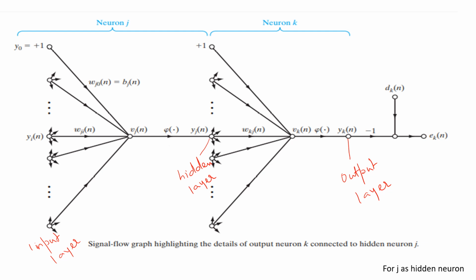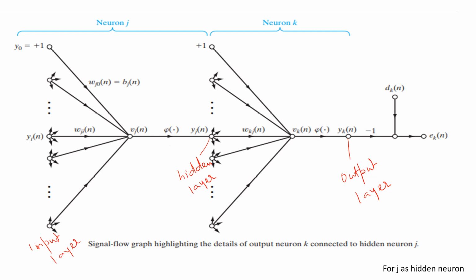Then the neuron available at the output layer must be connected to some j neuron at the hidden layer. So we'll be first calculating the weighted sum, then the activation function, and then the output of that output neuron.